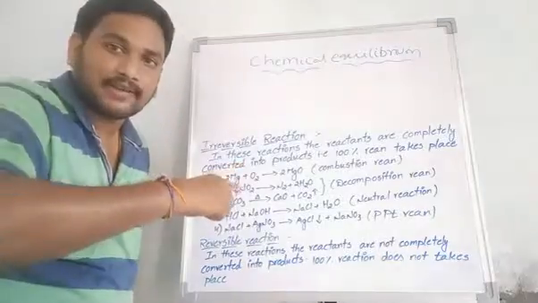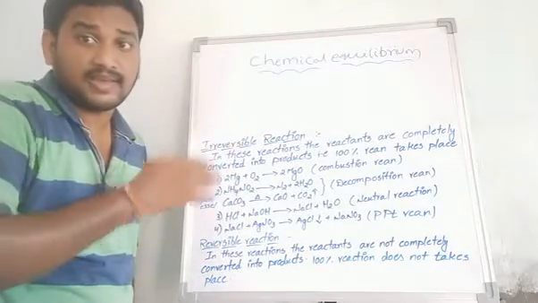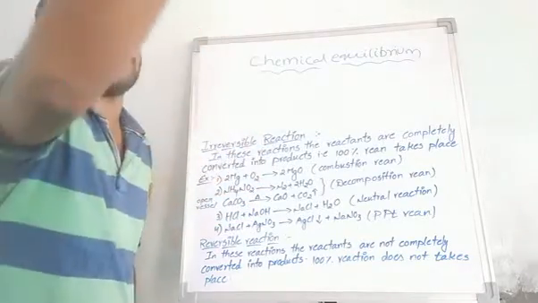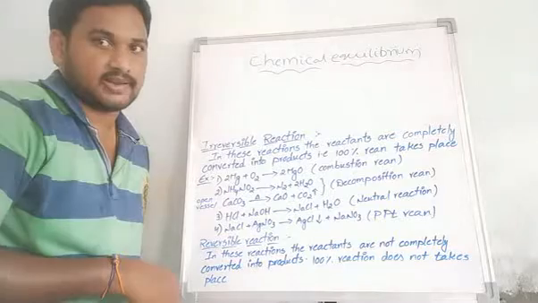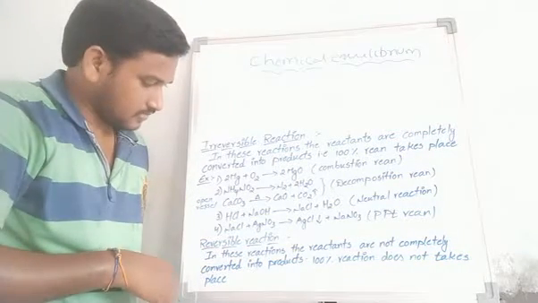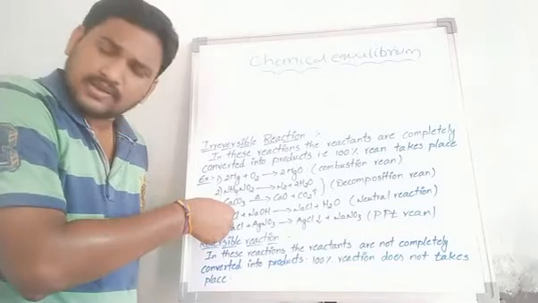The forward reaction and backward reaction take place. The gas formed does not escape outside in the closed vessel. Mind this point. Is my point clear or not, students? Okay, one more.